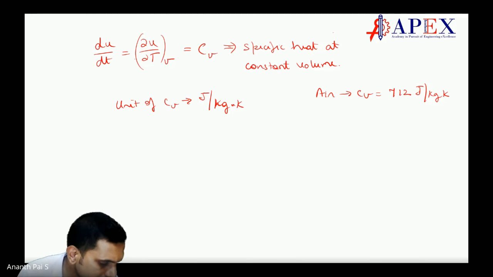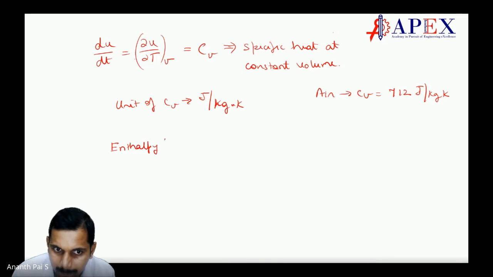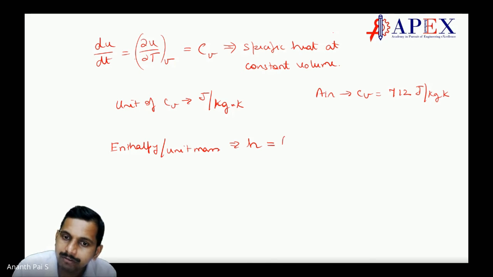Done. Okay, now let us go with enthalpy. If I consider enthalpy per unit mass, which I call H, this can be written as a function of temperature and pressure.